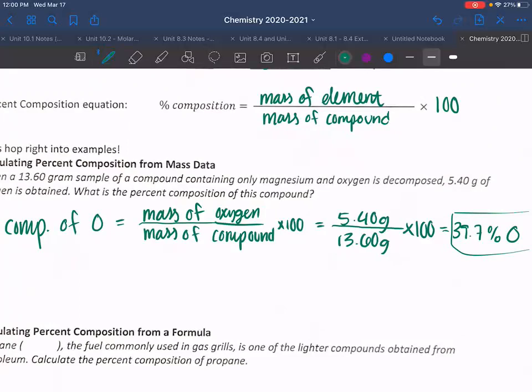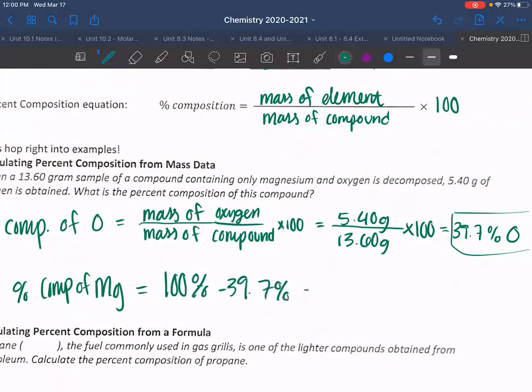If we have 2 things, one of which is 39.7%, then our composition of magnesium would be 100% minus 39.7%, which equals 60.3% magnesium. So these ones aren't too bad.